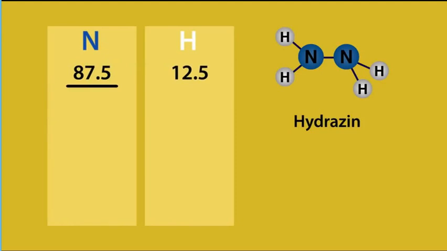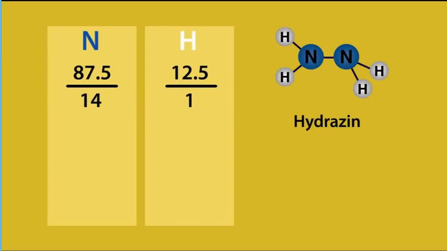We then divide these percentages by the relative atomic mass of each element. I hope you're still following. What has been given here is just an abstract situation where you have nitrogen. In another question, the nitrogen could have been maybe 45% and the hydrogen could have been the rest.